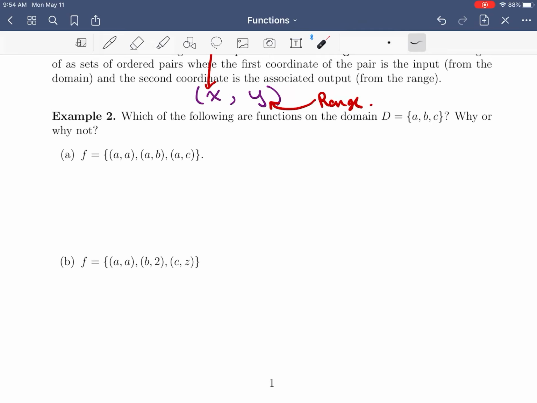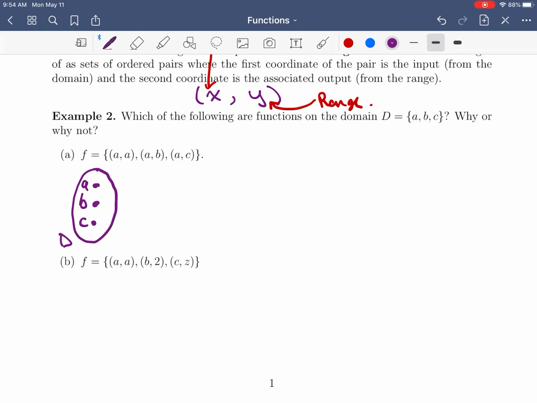Sometimes it's helpful to think about these with pictures. This is our domain. We know we have A, B, and C in there. A function has to take everything in this domain, so this is D, somewhere to a different set, which could be D also, by the way. I should have pointed that out.